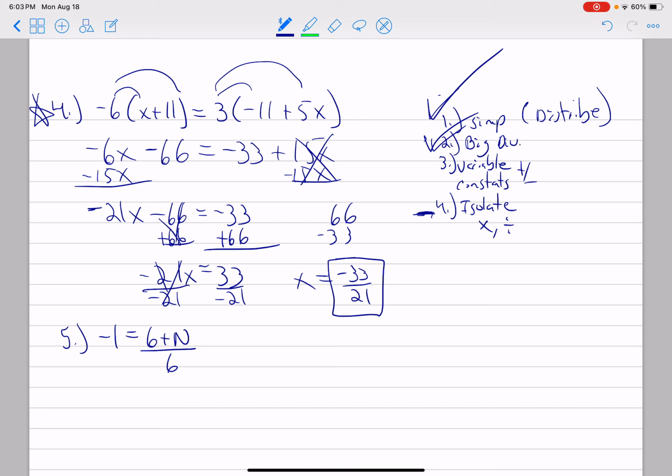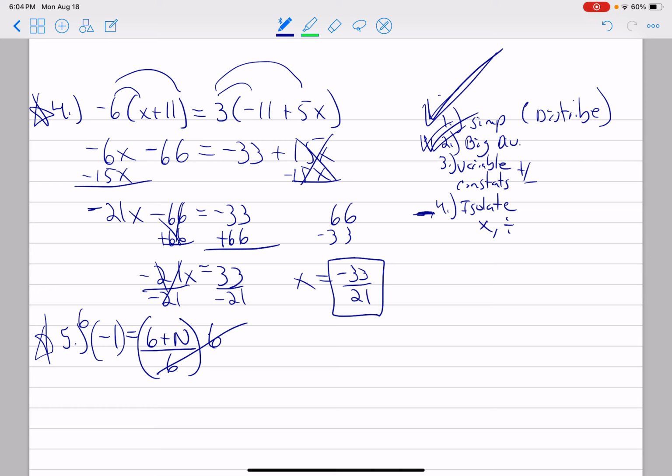Boom, boom, boom. All right, last one. You solve this before I do. Cool, you just did it. Step 1, there is no simplifying. Step 2, there is big division, all kinds of big division. So I'm gonna get rid of big division by multiplying. I'm gonna take this whole thing, and since it says divided by 6, I'm gonna multiply by 6.